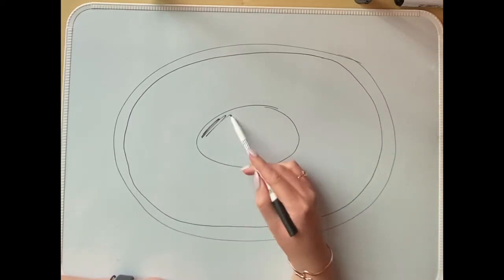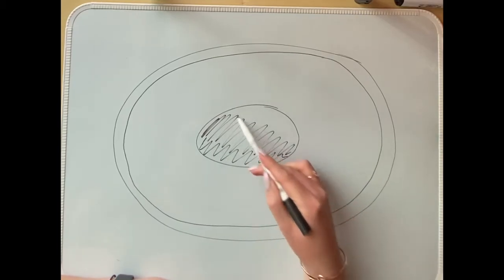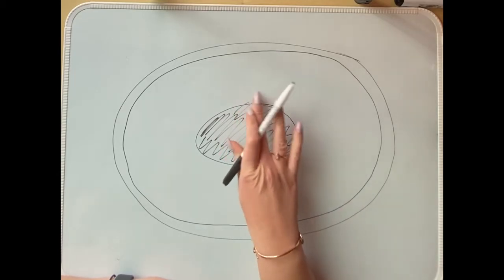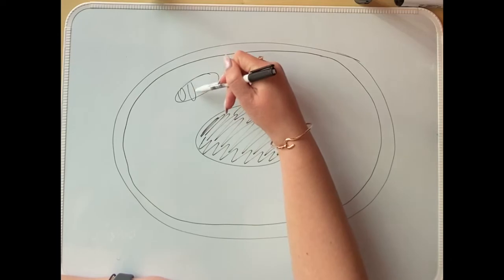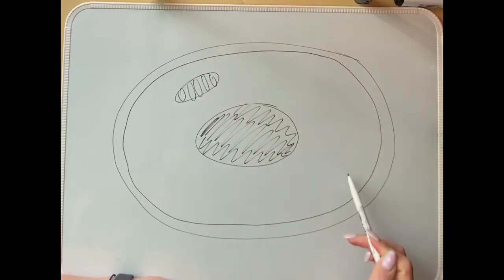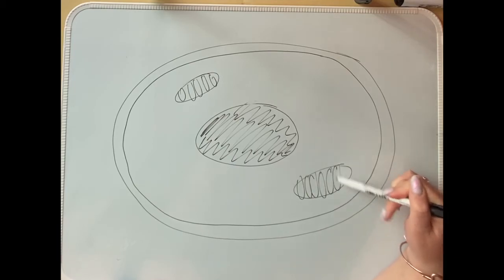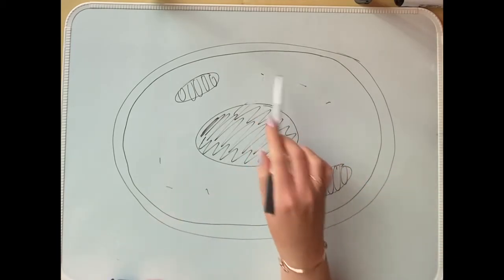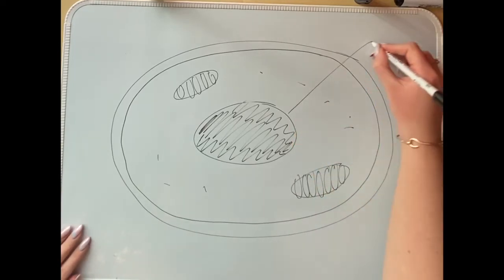Organelles is a new term that we haven't come across here at Straight4ward Science in any of our videos yet, and it simply means the bits inside the cells. So organelles means the bits inside the cells. An animal cell is circular or oval in shape, and we are going to look at our first organelle inside the animal cell.